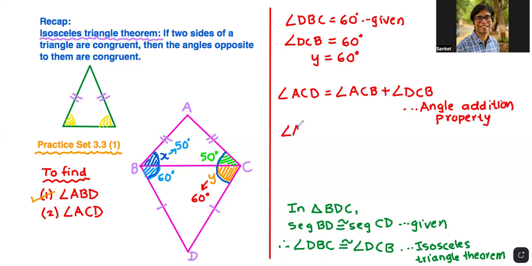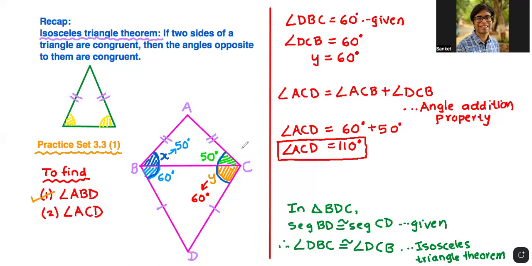So angle ACD is equal to 60 degrees plus 50 degrees, that is 110 degrees. Okay, with that, I'm done with the second part as well. I hope this is clear.